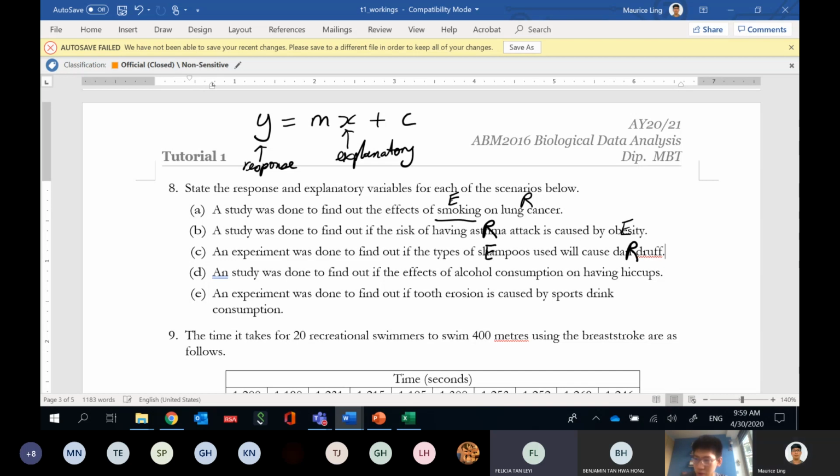All right. Yeah, you're getting a handle of it. Okay. For D, Ihan. The response is hiccups, and then the explanatory is the effects of alcohol consumption.